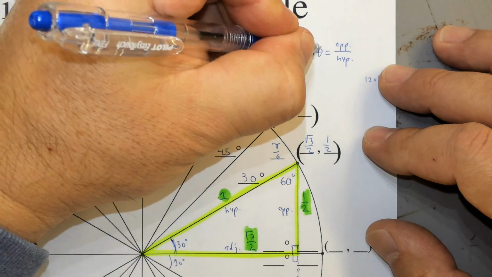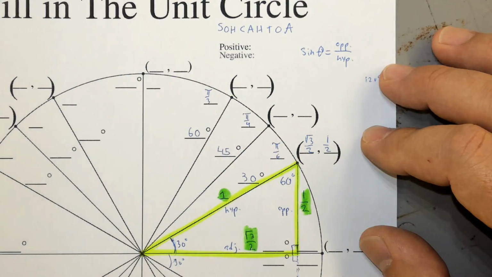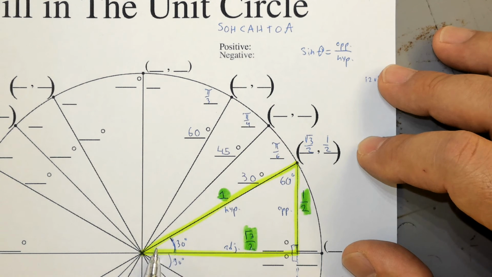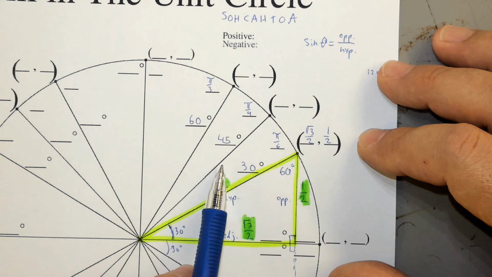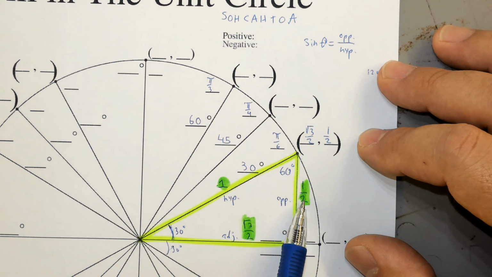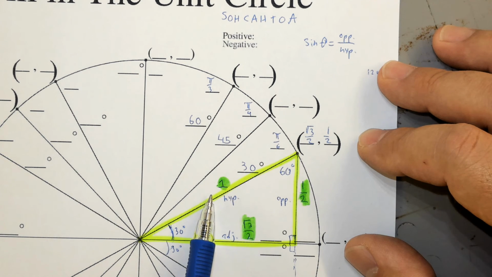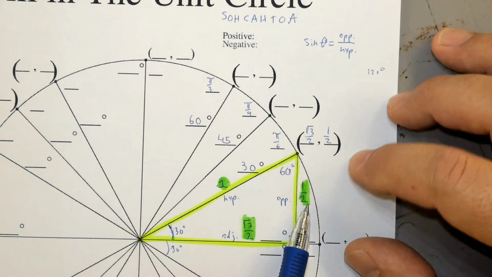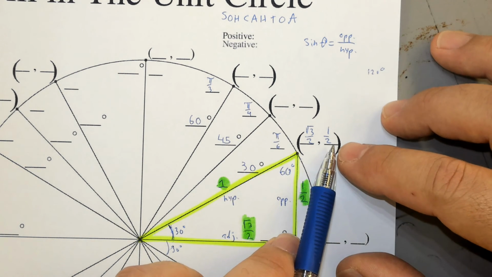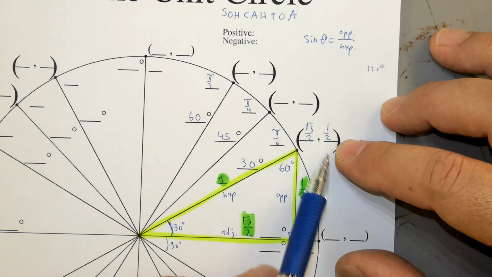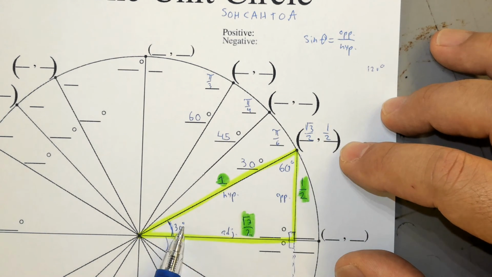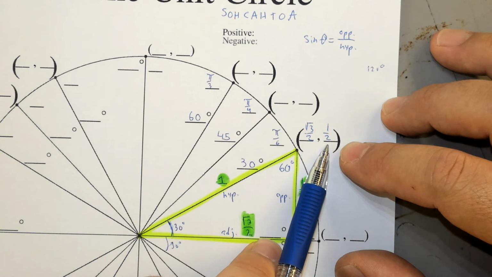Now, if you're thinking, okay, what about that? Well, what is the opposite over hypotenuse? What's 1/2 over 1? Well, 1/2 divided by 1, that's just a 1/2. That's this value. So therefore, what is the y component of 30 degrees? It's 1/2.